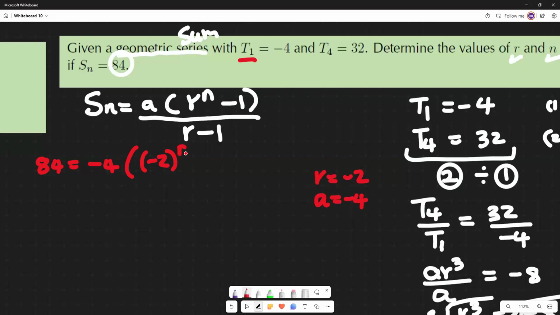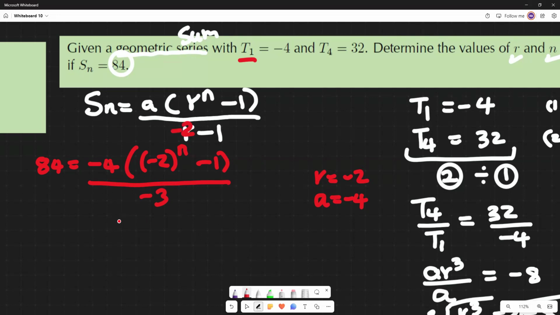We don't know what n is, so I'm going to have that. Then I'm going to have minus 1 all over negative 2 minus 1. We can see that negative 2 minus 1 is negative 3. So I'll just say all over negative 3 to save time. All right, because r is negative 2 there. Sharp.